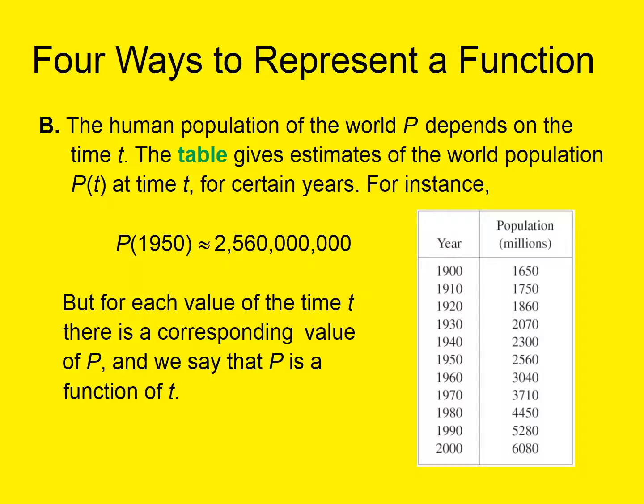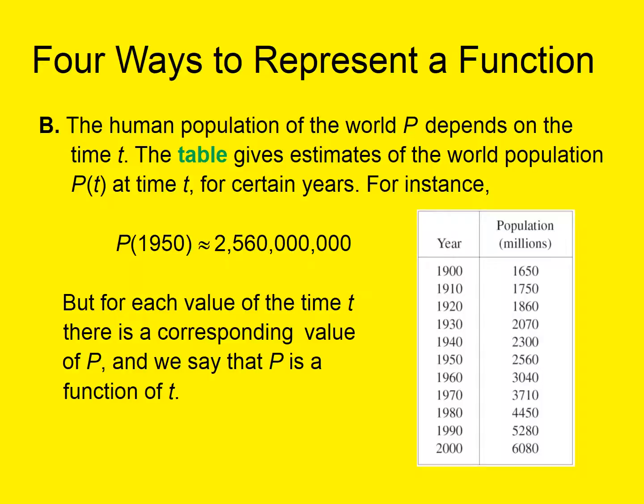The human population of the world P depends on the time T. So we have a table that shows how one quantity depends on another. The table gives estimates of the world population P of T at time T for certain years.